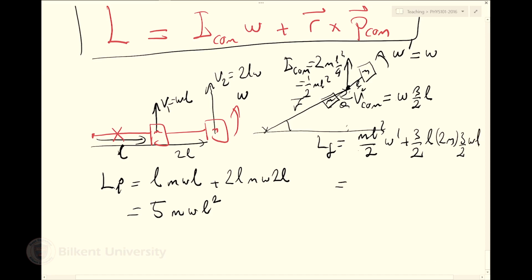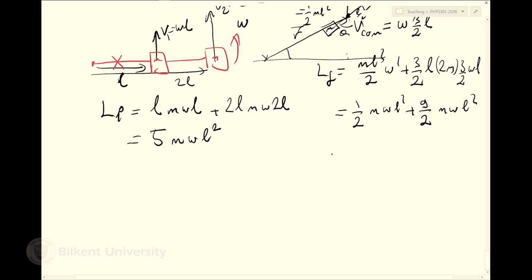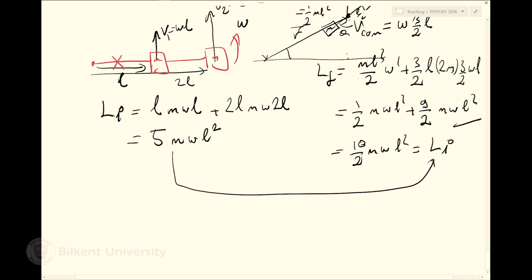So let's calculate everything here. Omega prime is omega, so 1/2 m omega L squared plus, what do I have here, 9/2 m omega L squared. So overall, I have 10 over 2 m omega L squared, which is equal to L initial.